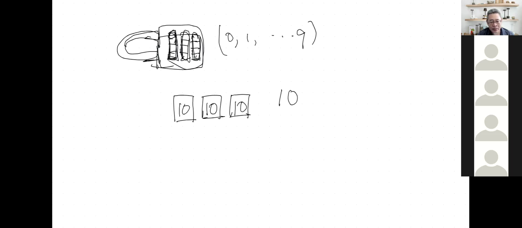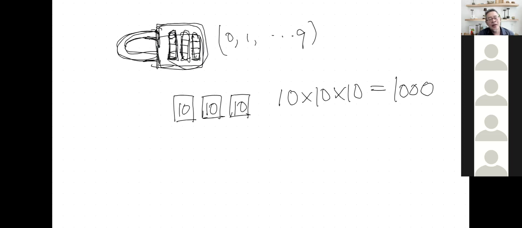We got 1,000. That's why a combination lock is useful, because once you pick a number, to guess your number is a 1 out of 1,000 chance. So the chance for people to guess it right is pretty small.